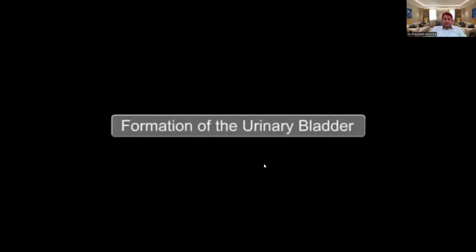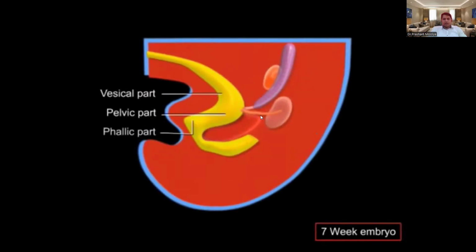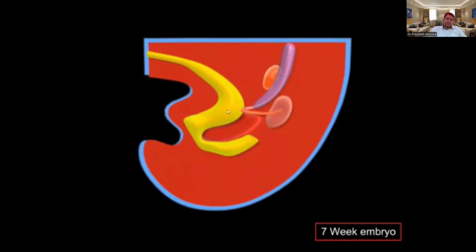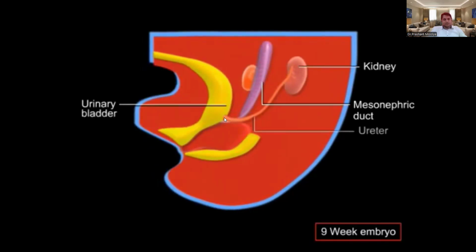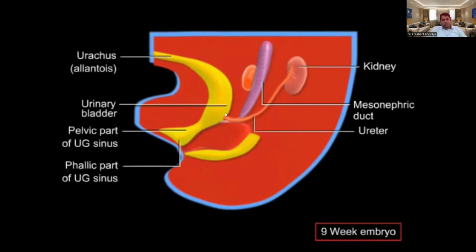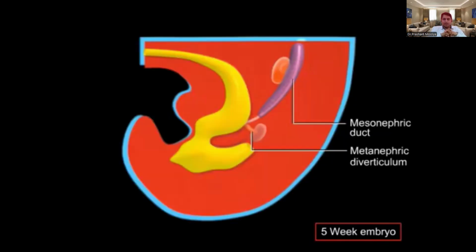So the formation of the urinary bladder happens from the vesicourethral canal and the absorbed part of the mesonephric duct, which happens in this way. Later on, the posterior wall differentiates, and the absorption of this happens, where the separation of the ureter and the duct system happens.